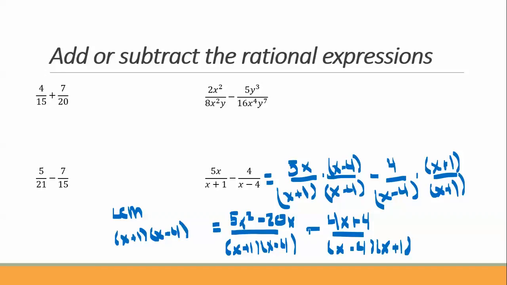Remember though, we're subtracting this whole fraction, so we actually have to distribute our negative and make that a plus, and make both of these minus.